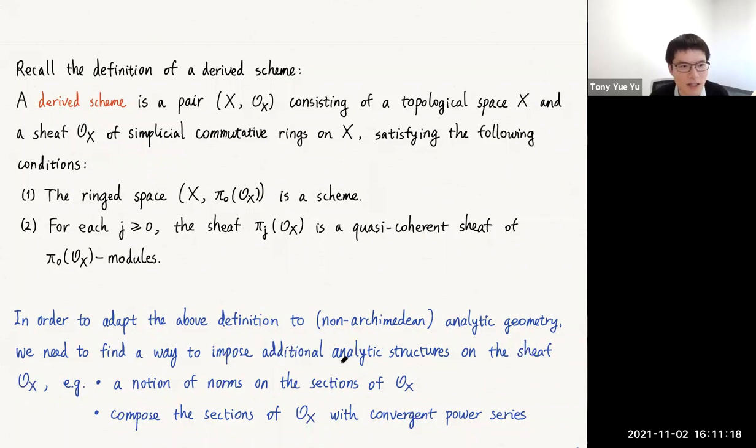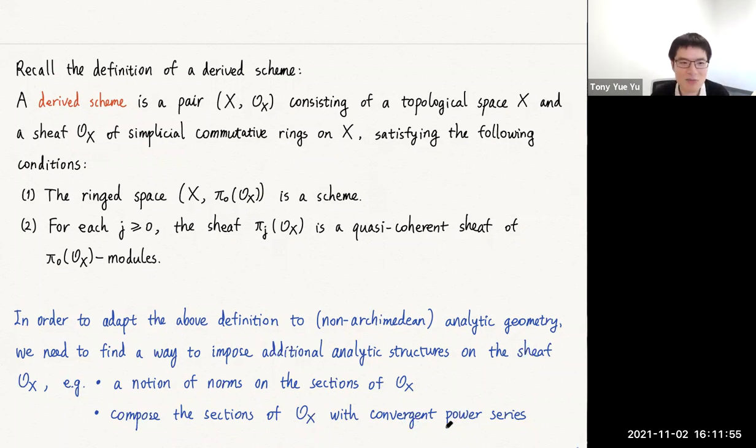So what kind of analytic structures? For example, we would like to have a notion of norms on the sections of the structure sheaf. And furthermore, if we have convergent power series and sections of the structure sheaf, we would like to compose these functions with convergent power series.